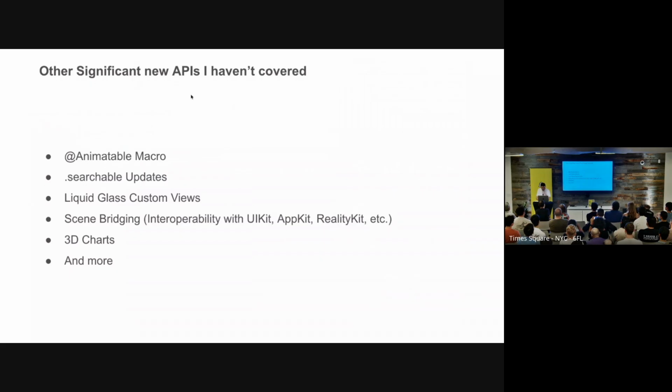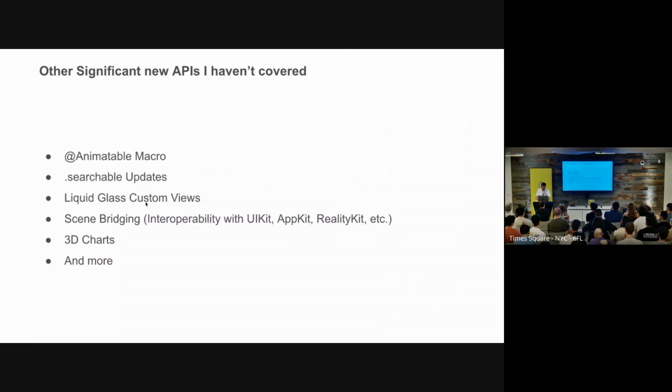But other significant new APIs I haven't covered include the Animatable macro, which allows us to reduce the boilerplate code when you work with animation for views. Also, there are some significant updates for the searchable view modifier.